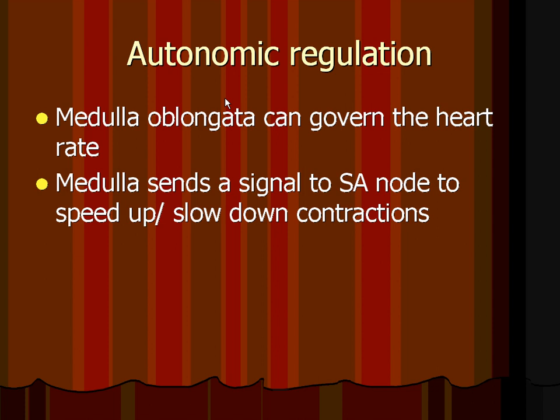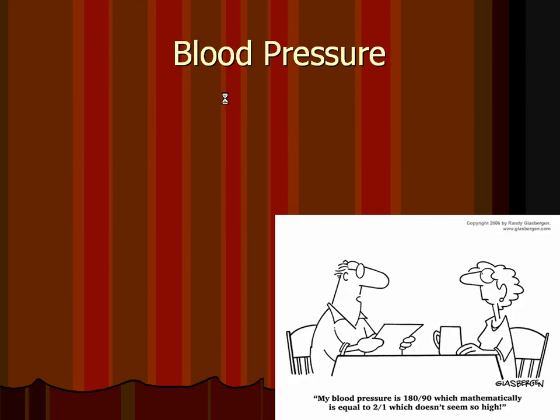Like we talked about in the respiratory system, when the medulla detects changes in pH, it wants to get rid of it faster and increase our breathing rate. Well, if we're increasing our breathing rate, we're going to have to increase our circulatory rate too to keep up. So it sends a signal to the SA node to start speeding up or slowing down the nervous contractions. It kind of overrides any of the SA node's messages.